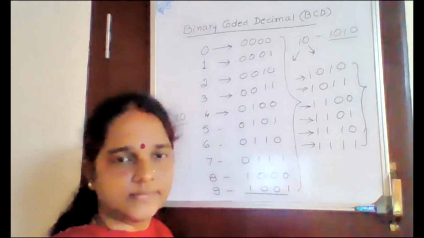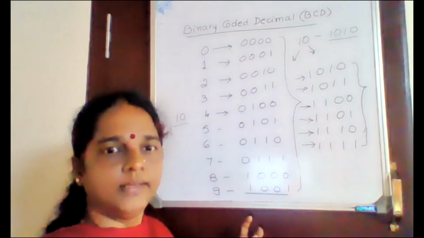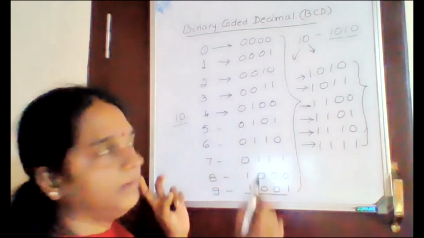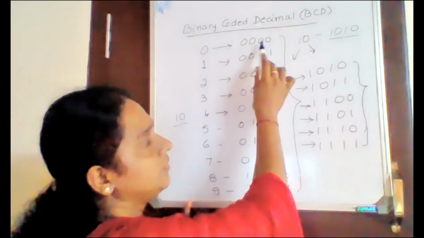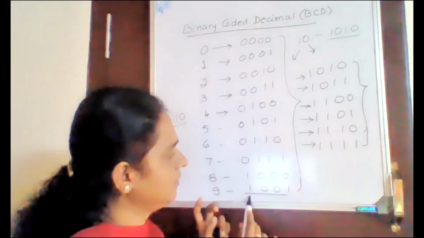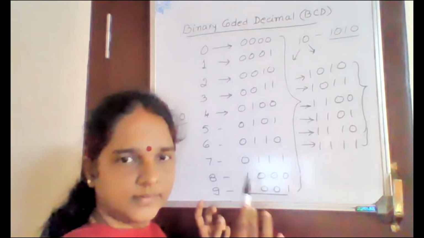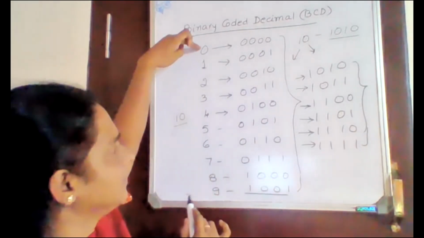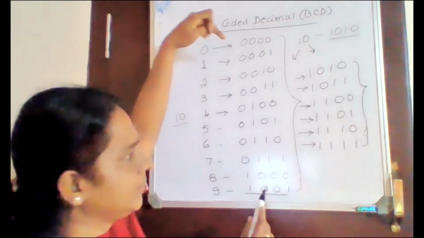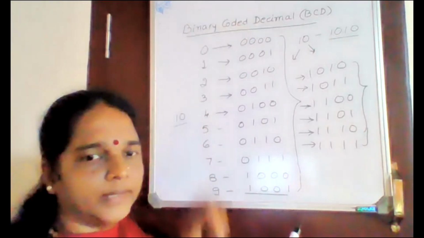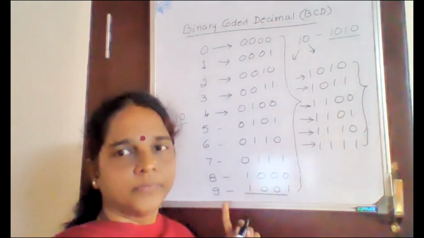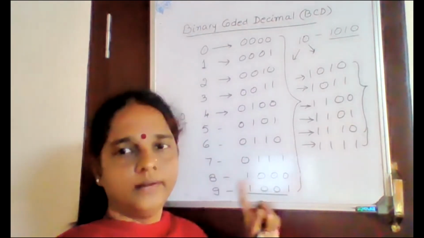These are the 6 invalid states in BCD. So in BCD we have the binary bits from 0000 to 1001, that is 0 to 9. All the decimal numbers 0 to 9 are represented using binary. That is why it is called binary coded decimal.